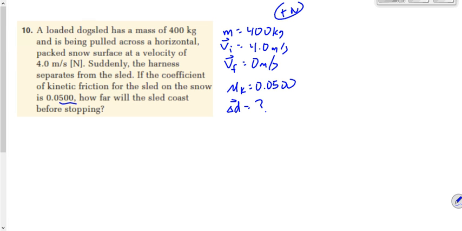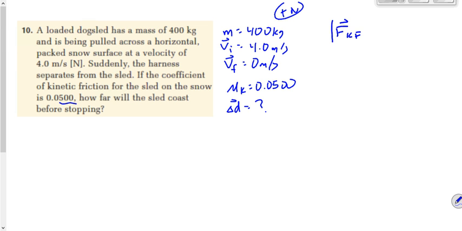Okay, any ideas here? Somebody without the vision for this. You may know how to solve it now because you've gone through it, but as you were solving it, you weren't sure exactly where you were going with it. Go ahead, Laura. Okay, force of kinetic friction. Good. Just stop there for a second.